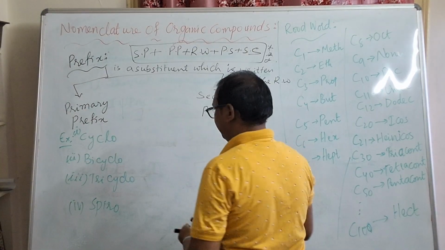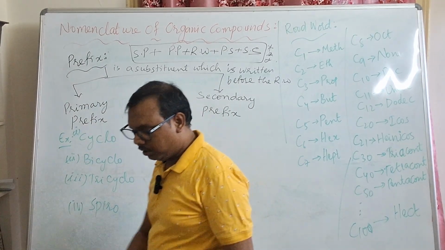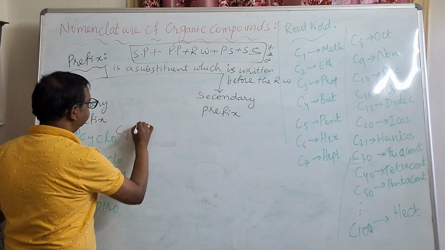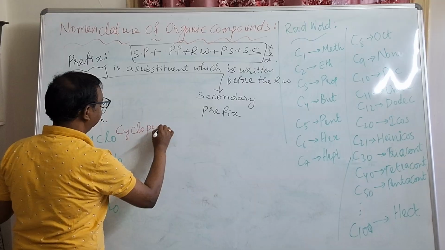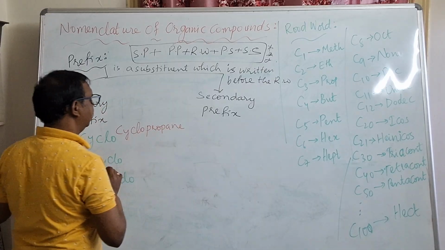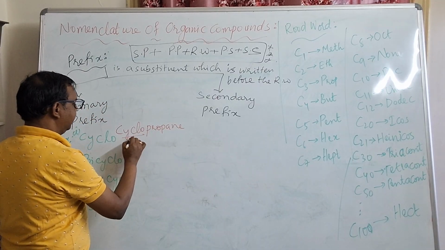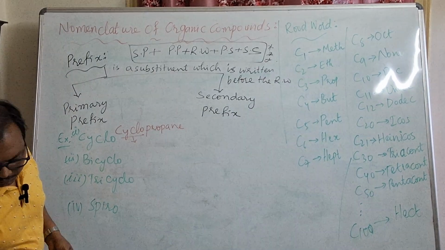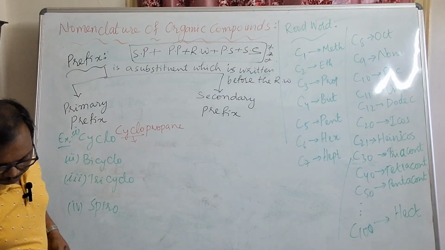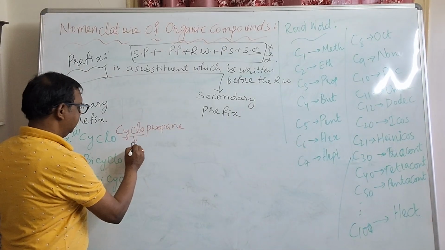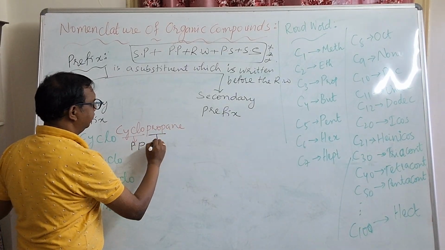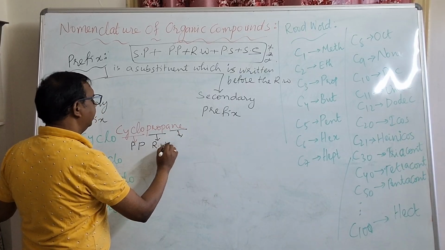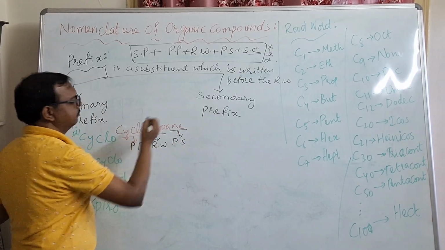For example, I am going to write cyclopropane. Cyclo means primary prefix. Prop, root word, ane, primary suffix.